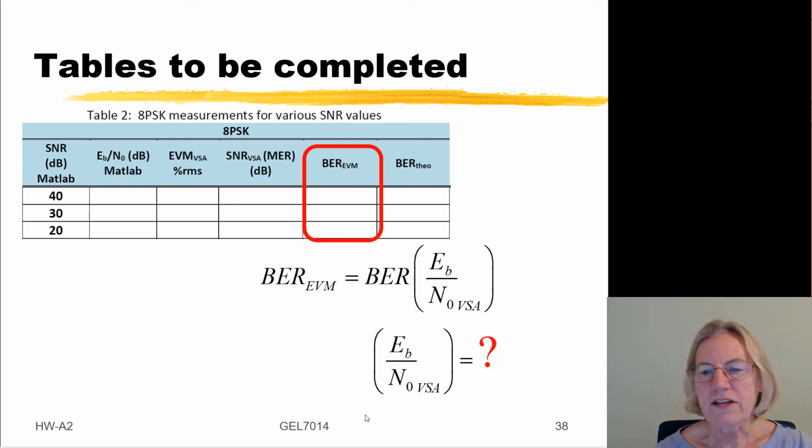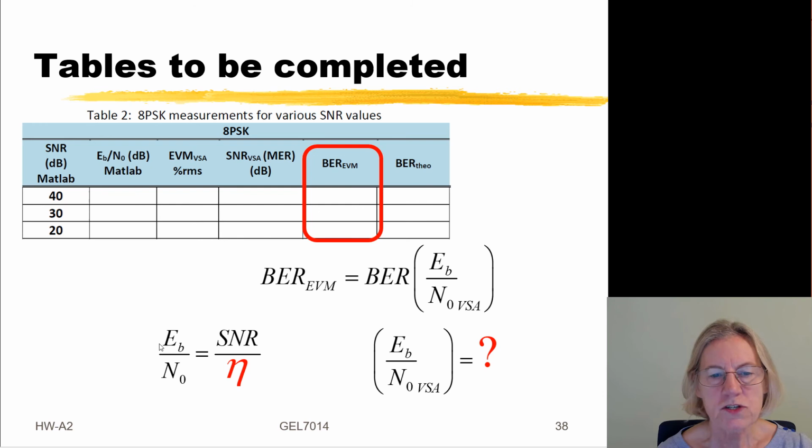So what do we get for this? How are we going to use the conversion? That's one of the choices that you're going to have to make and perhaps justify. Certainly we know already that the EB over N0 is just the signal to noise ratio divided by the efficiency. The question is, what is the spectral efficiency? We know here we're using the theoretical value for the spectral efficiency.